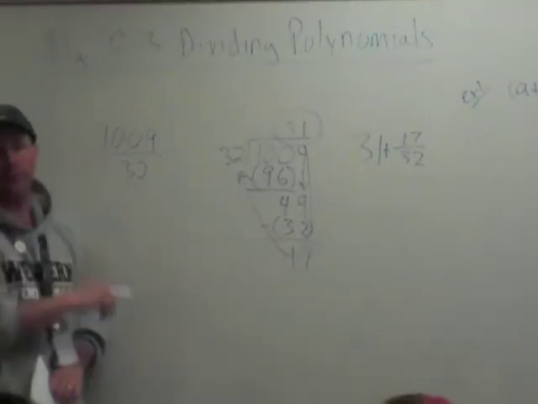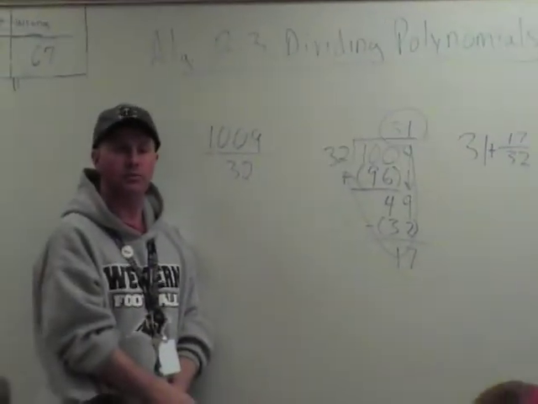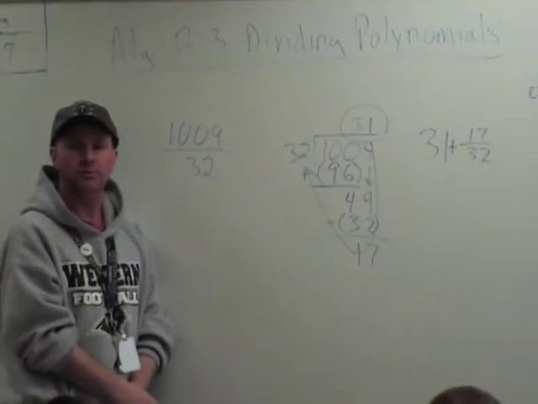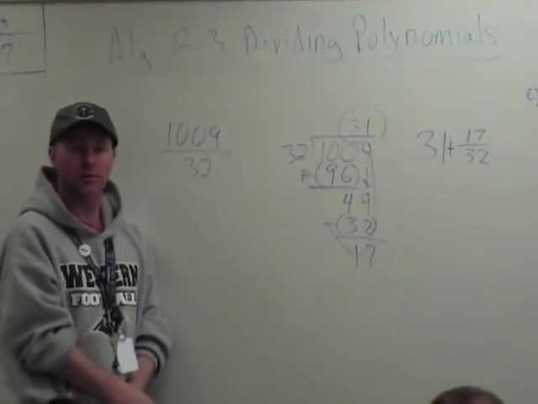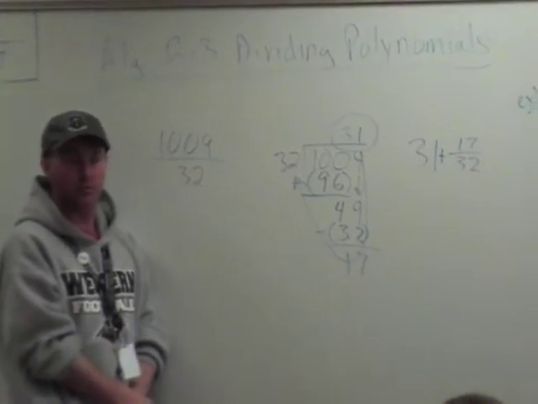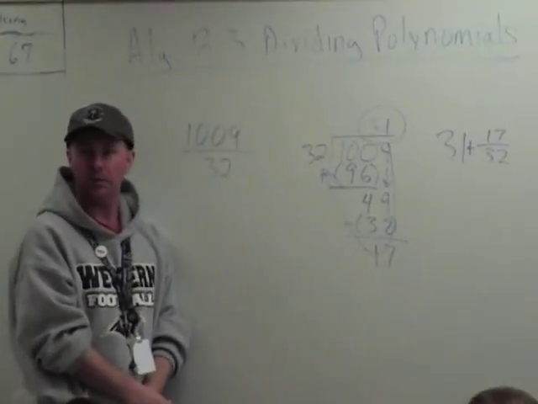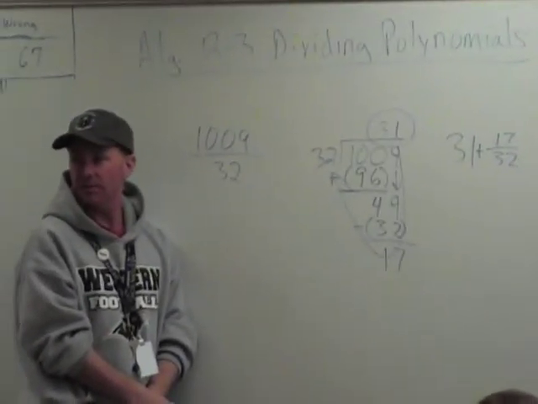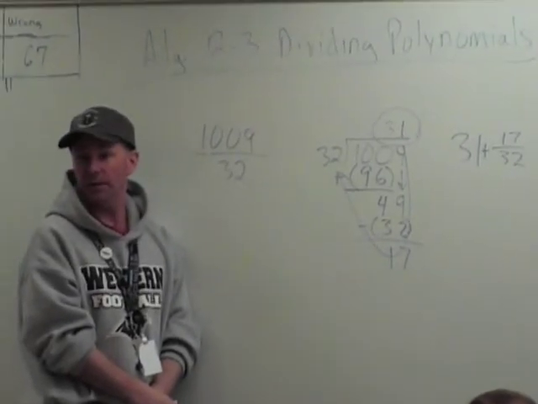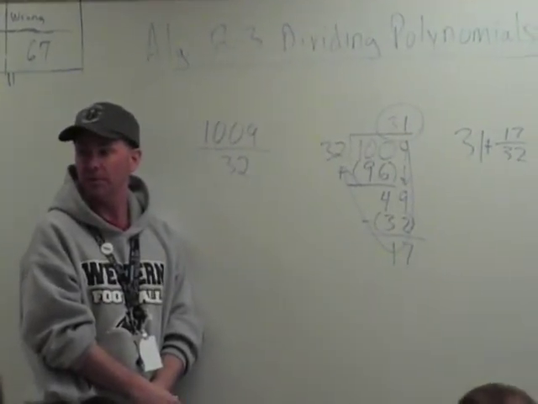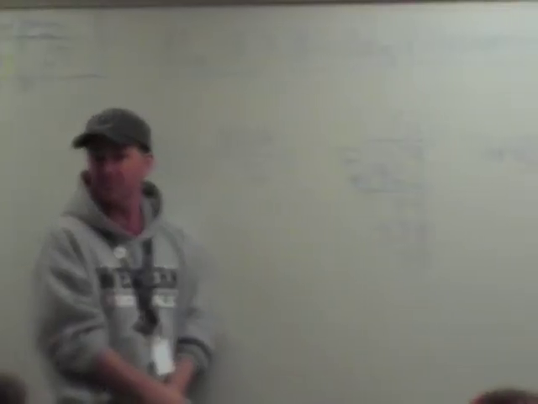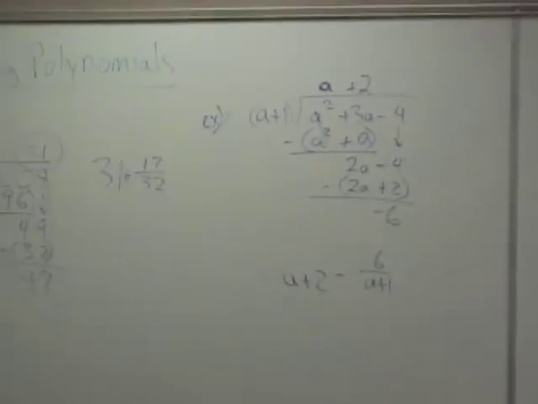Is 32 a factor of 1009? How do you know? Because there's a remainder. Now all of a sudden you just come up with another way of factoring trinomials or any other polynomial, if it works. This would be the long way of trying to figure it out.